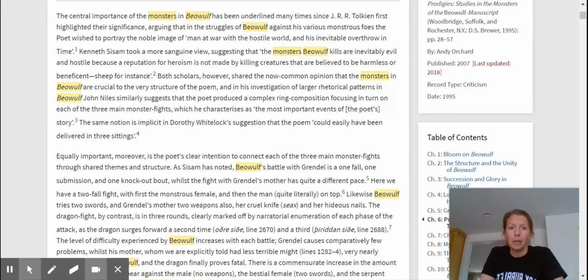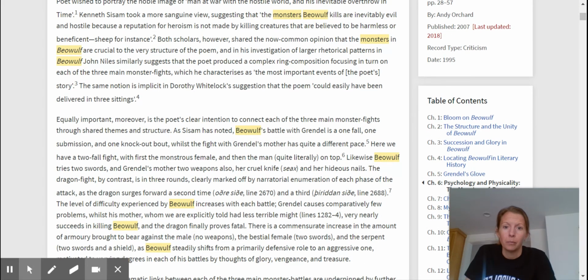Okay, and it talks all about, like, here's an idea. Beowulf's battle with Grendel is a one fall, one submission, one knockout bout. Maybe you're going to talk about how as Beowulf goes through those different trials and tribulations and fights against these villains, each villain gets more and more difficult to overcome.